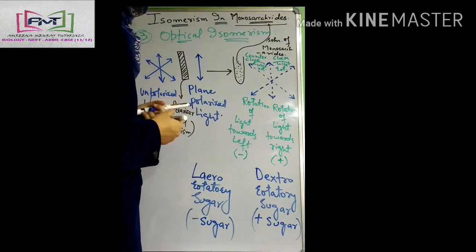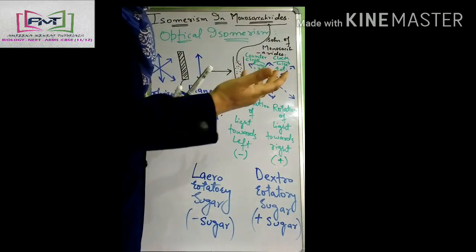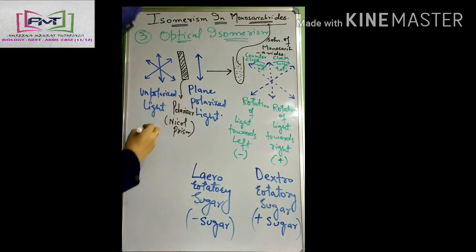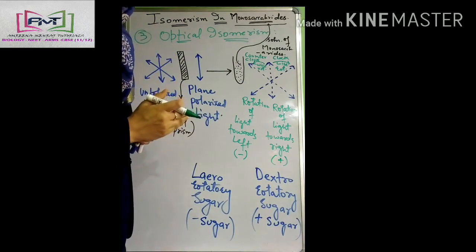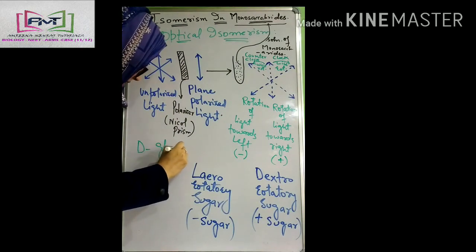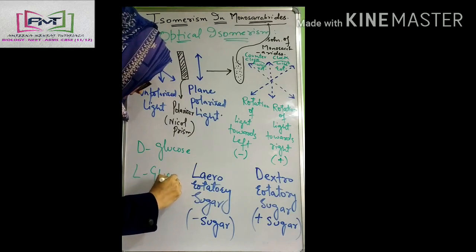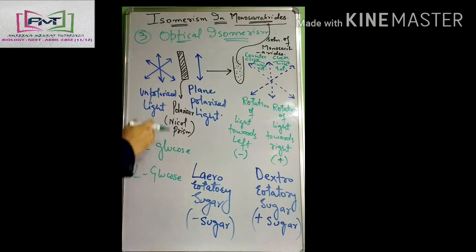Now the question is, which sugar will be plus or which will be minus? Do you remember we have D-glucose and we have L-glucose? Do you remember about this, when we studied enantiomers? Okay.